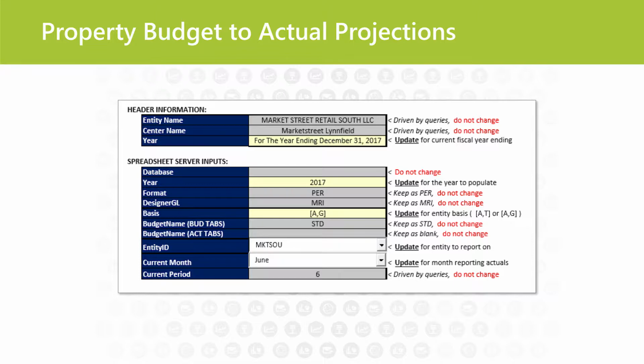It pulls from our budget information that's in MRI, as well as the actual information, and creates the projection for us. So for the rest of the users of Spreadsheet Server within the accounting department, they'll go in and just update one thing, and the reports produce everything that they'll need.